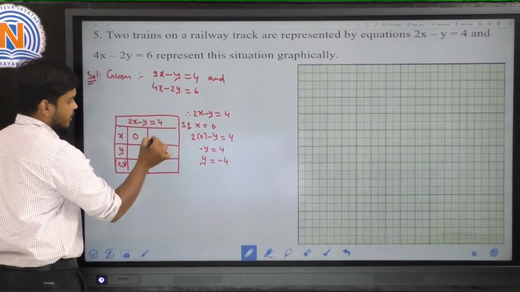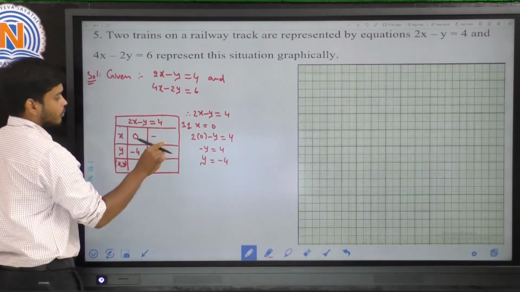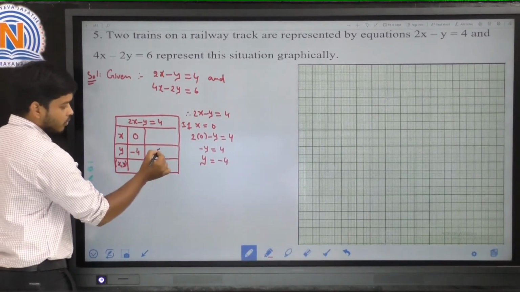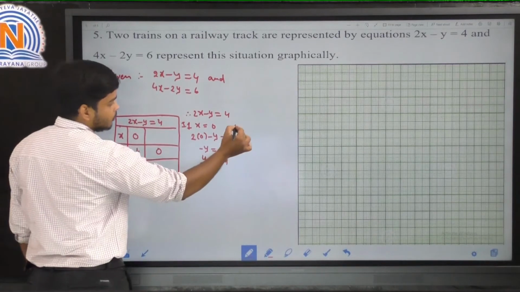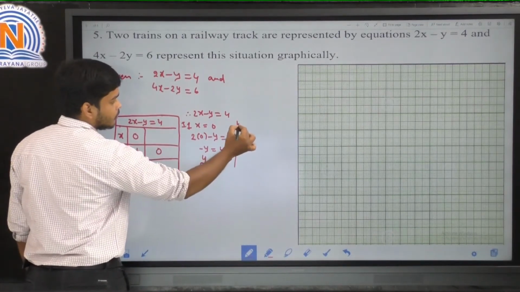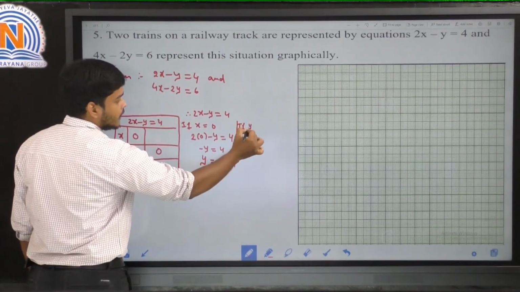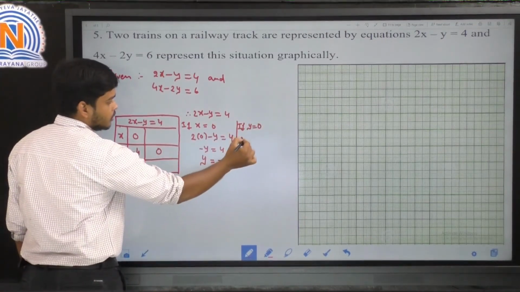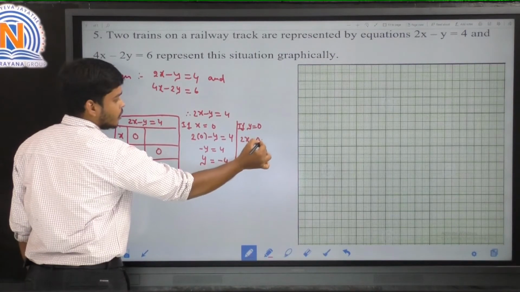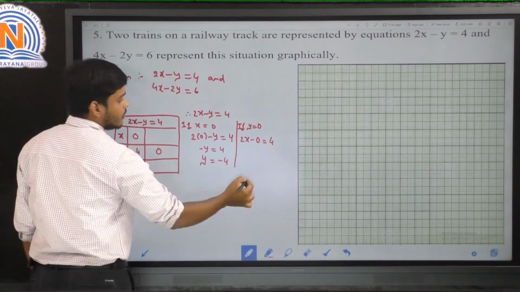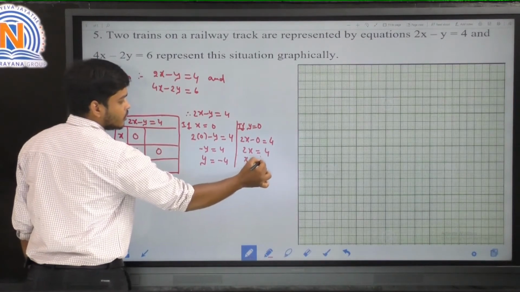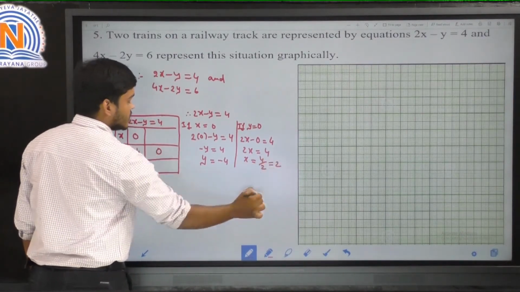So minus 4. Now I am taking y as 0. If y is equal to 0, then substitute y as 0 in that equation, 2x is equal to 4, x is equal to 4 by 2, the value is 2.